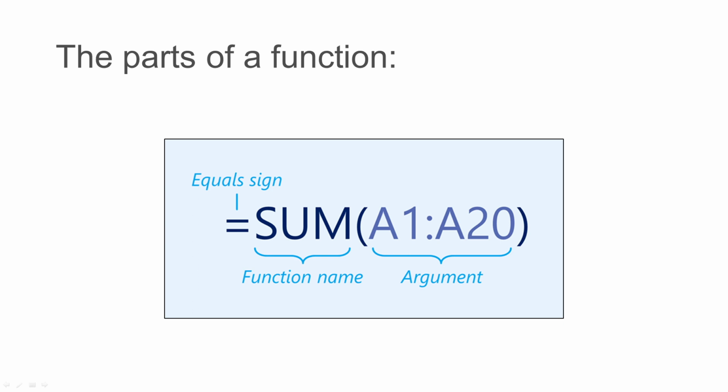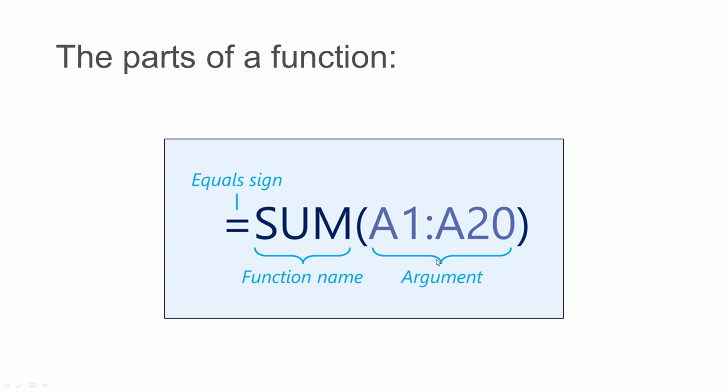In order to work correctly, a function must be written a specific way, which is called the syntax. The basic syntax for a function is the equal sign, the function name, here we use SUM for example, and one or more arguments.